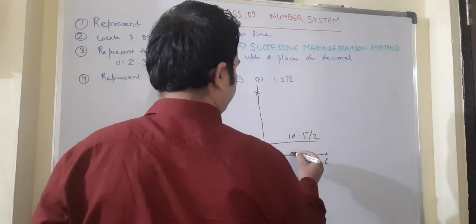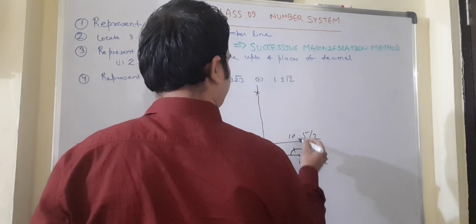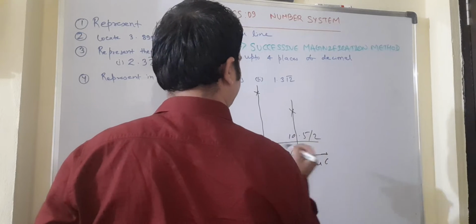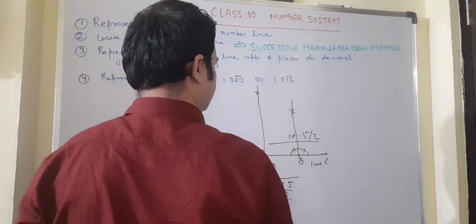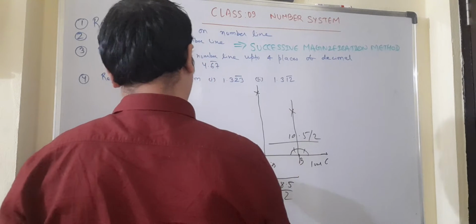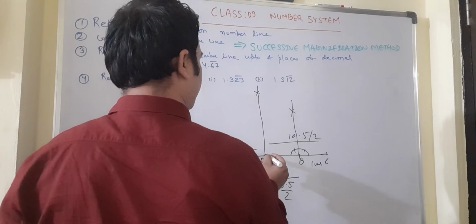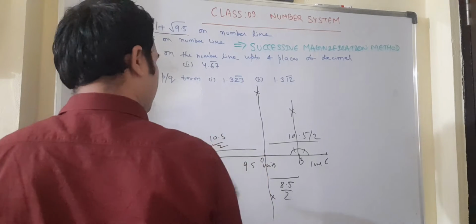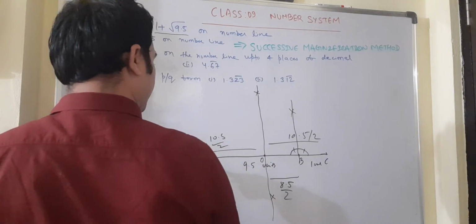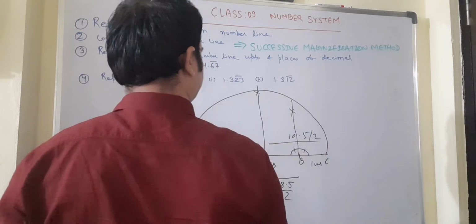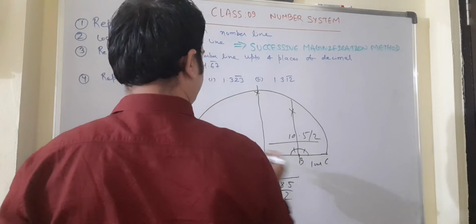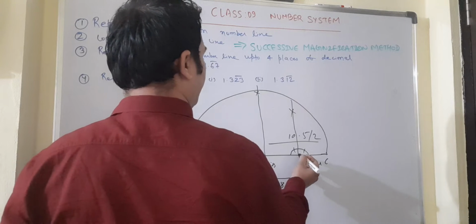So what do you do next? You draw a perpendicular over here. And you also need to draw a semicircle taking O as center and OA as radius. You can draw the perpendicular after drawing the semicircle also.